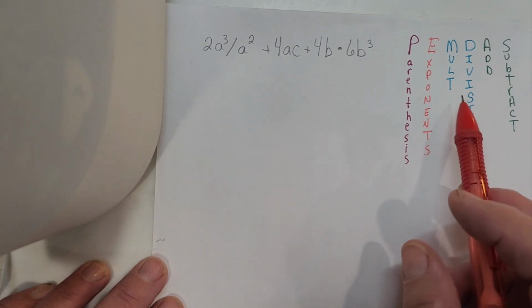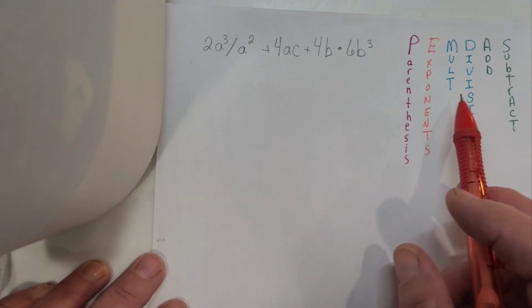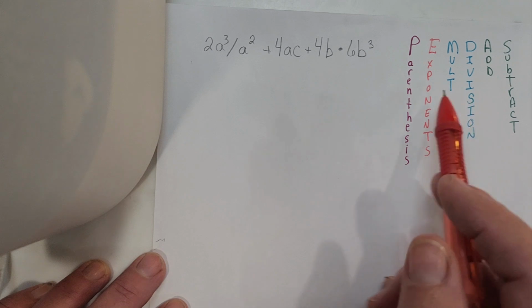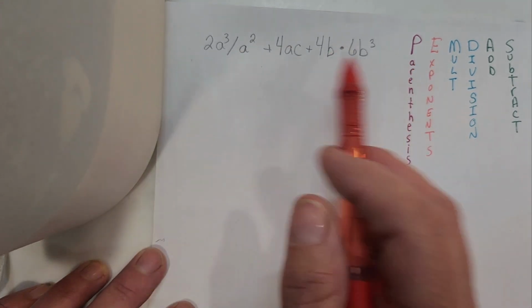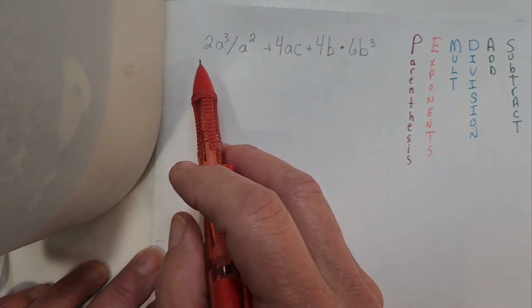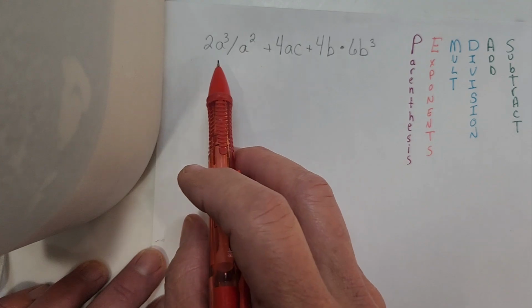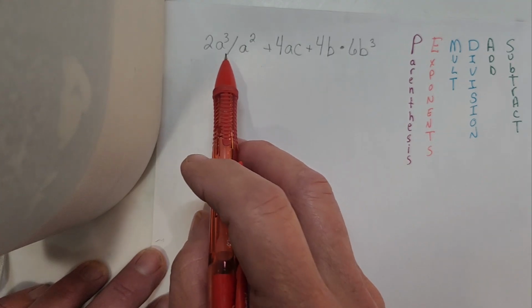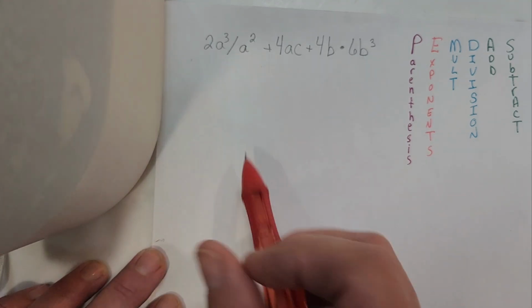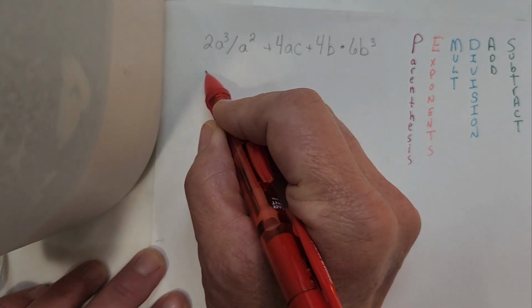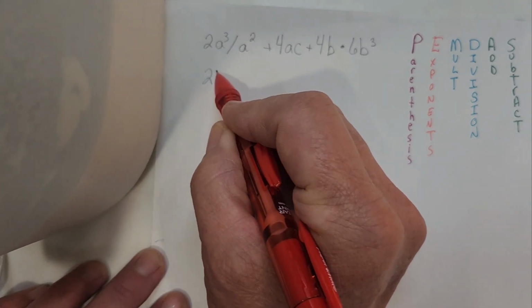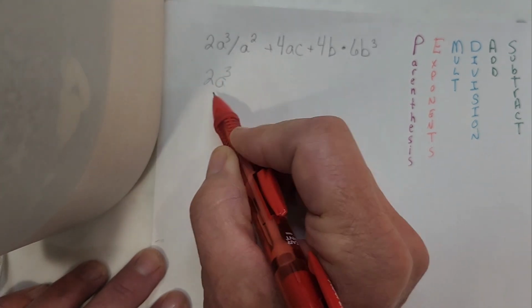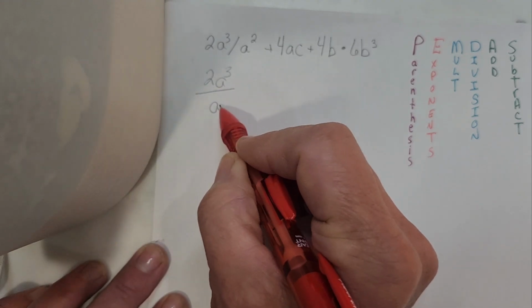Those are the same color because you would do those operations in the order that they appear, pretty much from left to right. As we're chugging along from left to right, I see this right here, which this bar means division. So it can be written like this: 2a to the third divided by a to the second.